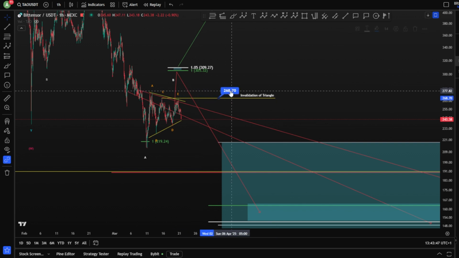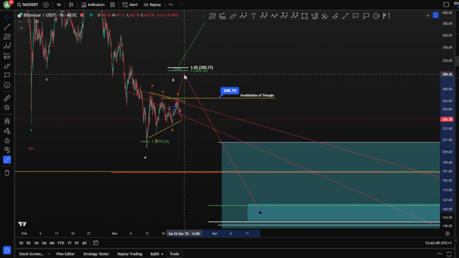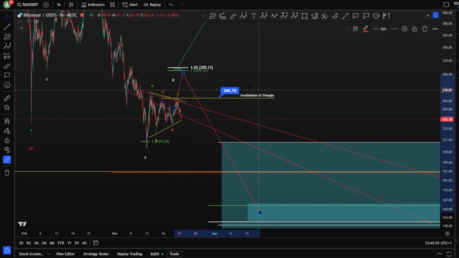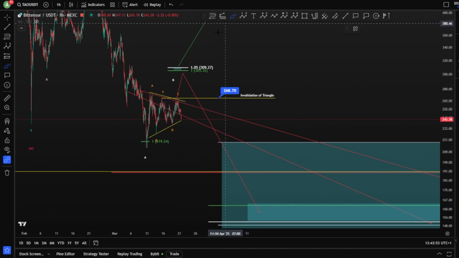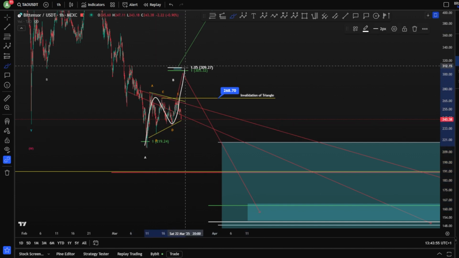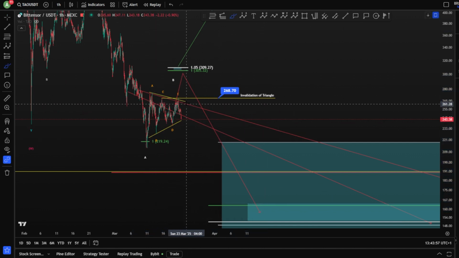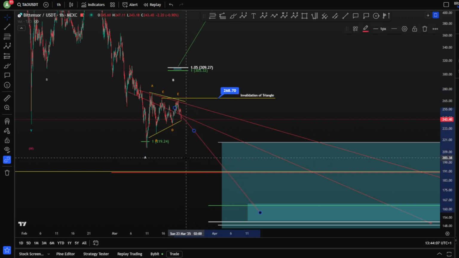So everything works perfectly as expected. And if we took the triangle here, anyway, we were expecting an ABC and to continue toward the downside, but actually it was enough for the triangle to push the price, of course, for lower. So here we go. We're moving for lower from here, guys.